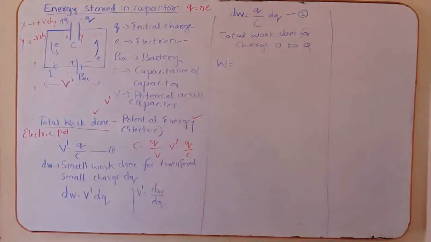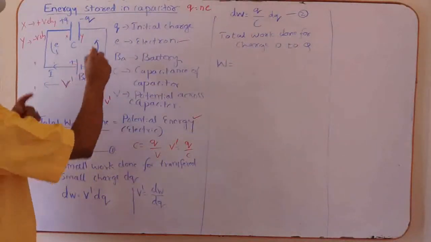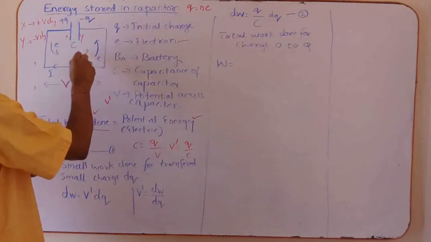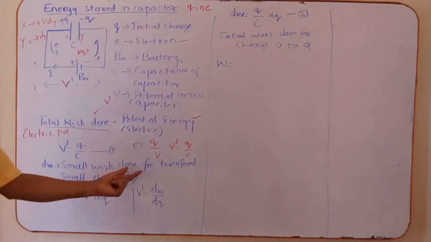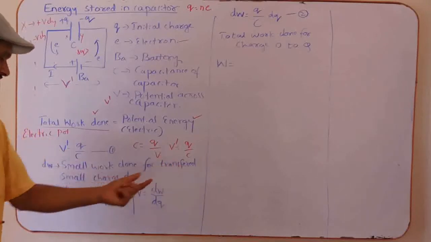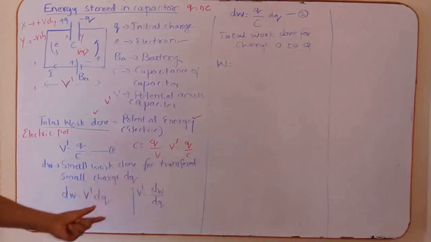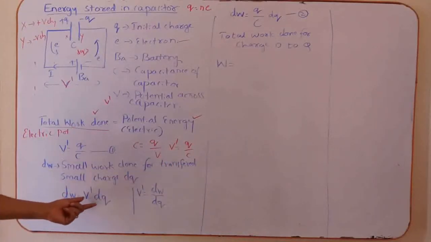Fine. During charging the capacitor, to drive the charge, say dq. At that time, the small amount of work done to transfer the small charge dq is dW equal to V dash into dq. Why?